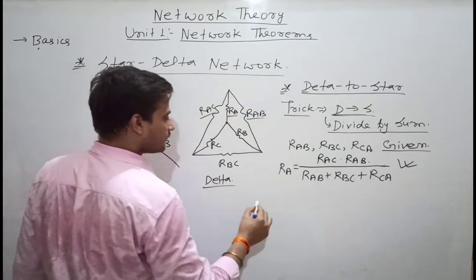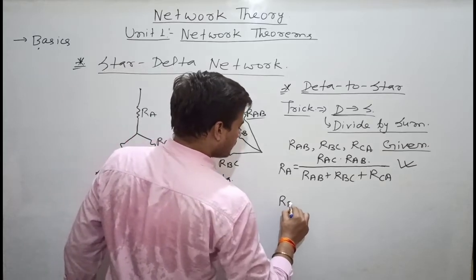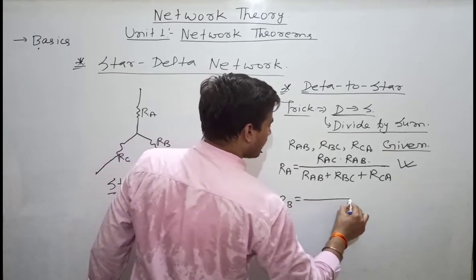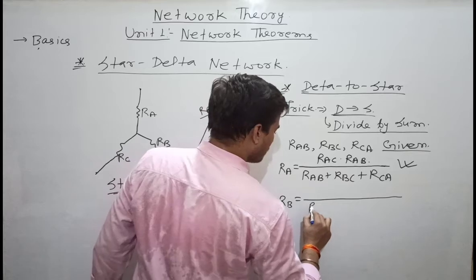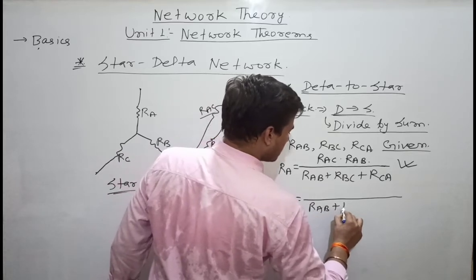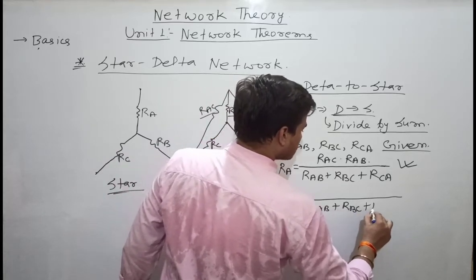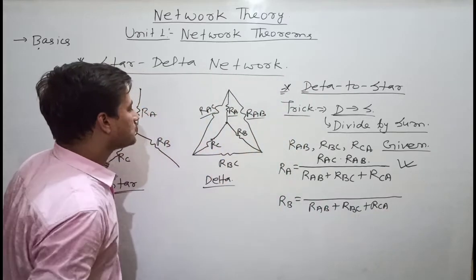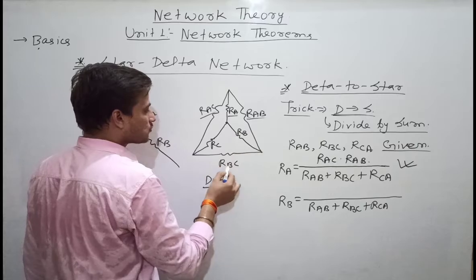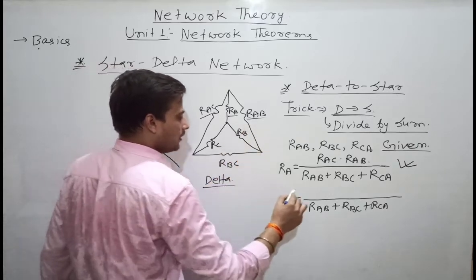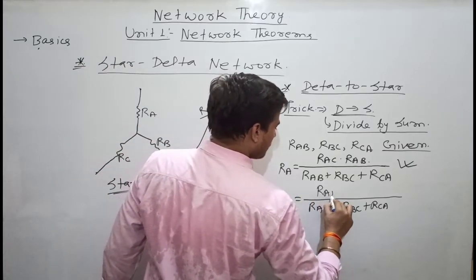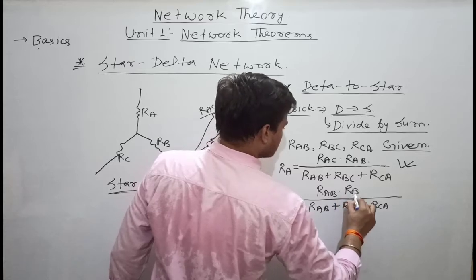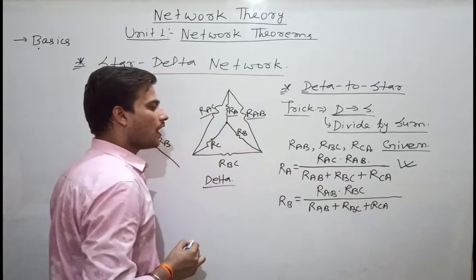Similarly, you have to write RB. RB will be equal to, again, the denominator sum RAB plus RBC plus RCA. At the numerator for RB, you see that these two resistors are associated with RB, so it will be RAB into RBC.